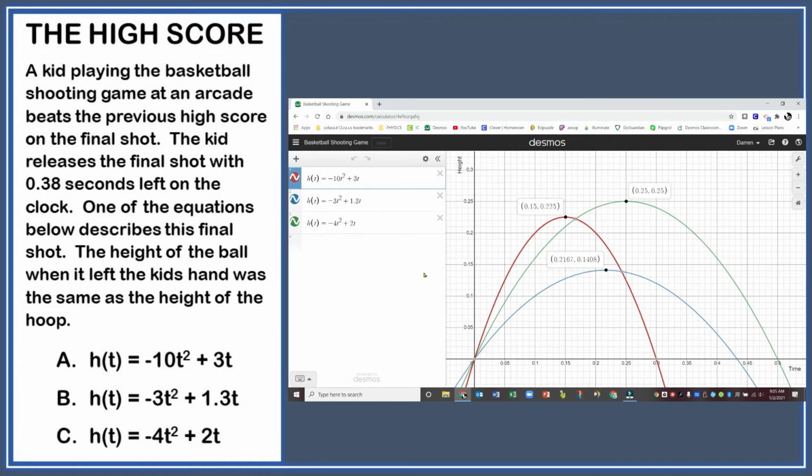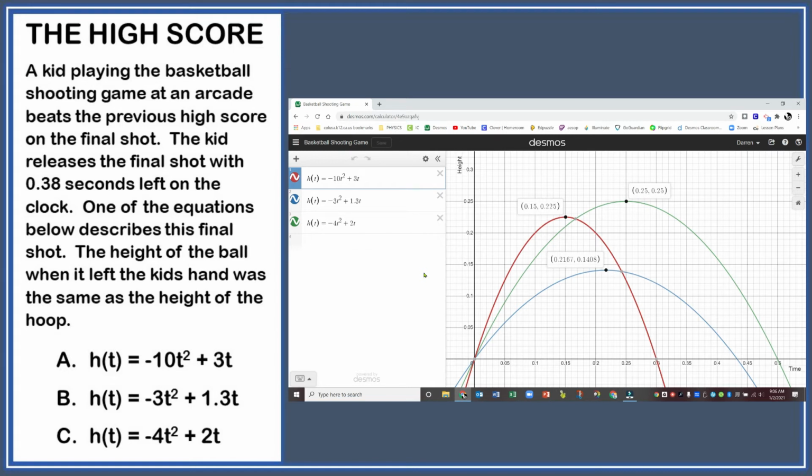Part 7 says find the equation of another shot that could have gone in to reach the new high score while reaching a different maximum height. I think on this problem, if we're smart, we can find the answer by using intercept form. We know that one of our x-intercepts is going to be at 0. Right when the ball left the person's hand, time was 0 and height was 0.